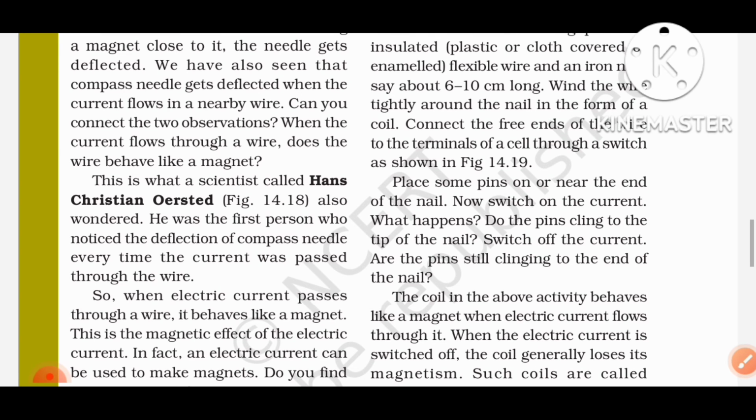Connect the free ends of the wire to the terminals of a cell through a switch as shown in Figure 14.19. Place some pins on or near the end of the nail. Now switch on the current. What happens? Do the pins cling to the tip of the nail? Switch off the current. Are the pins still clinging to the end of the nail?